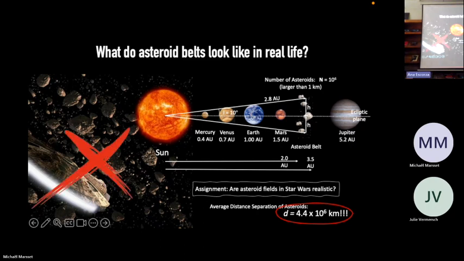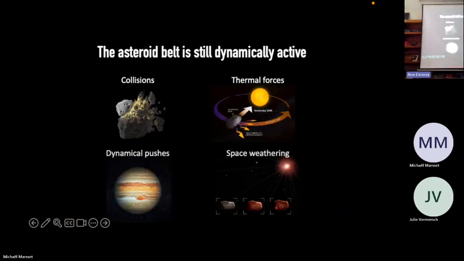So this is wrong, but George Lucas at least got one thing correct, which is that the asteroid belt is a very dynamically active place still today. You just have to look at the sky and you see all these shooting stars. Obviously, they're coming from somewhere.